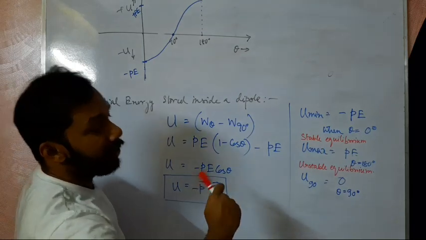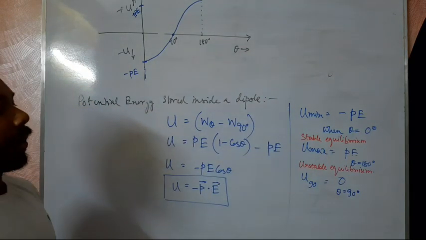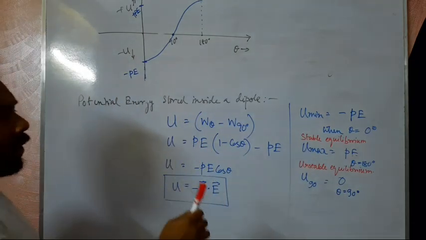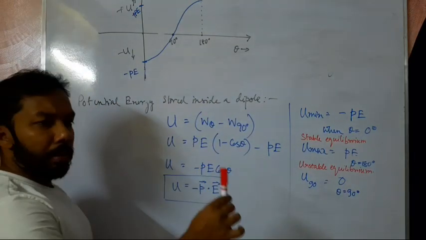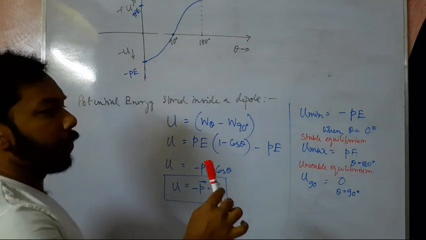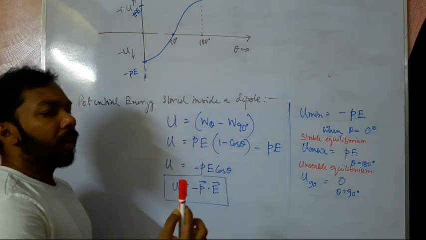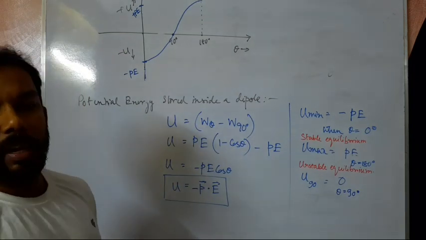Instead, it will rotate and be aligned with the minimum potential energy or equilibrium position, that is theta equals 0 degree. And at 90 degree there is the maximum torque, and here the dipole will not align, it will just tend to rotate in the direction of the electric field.